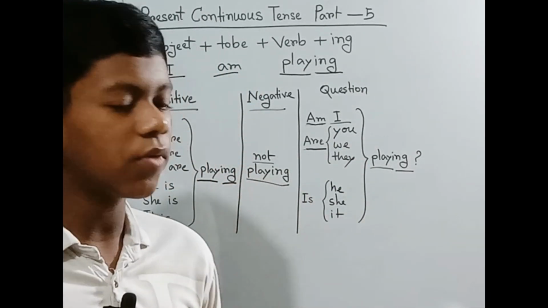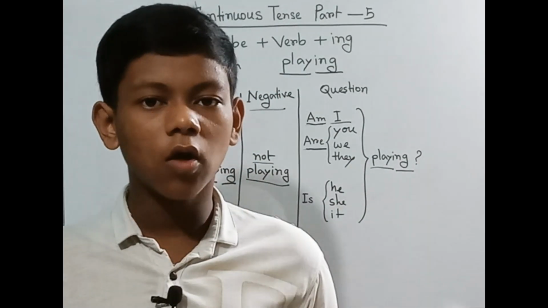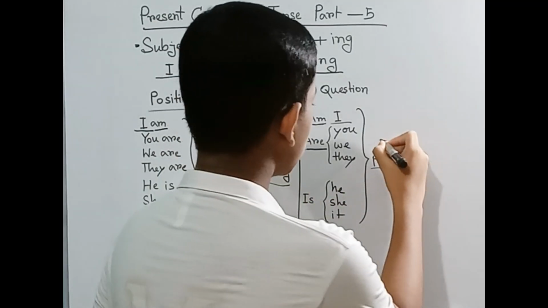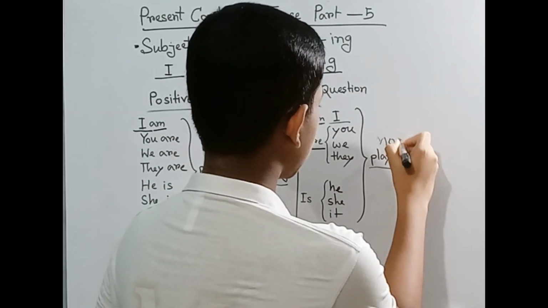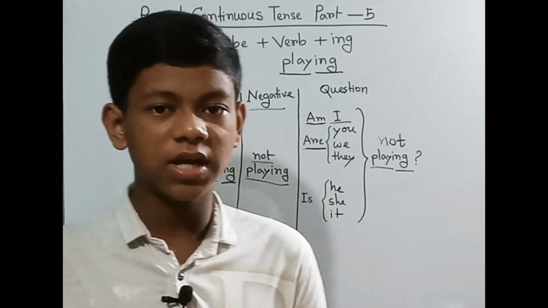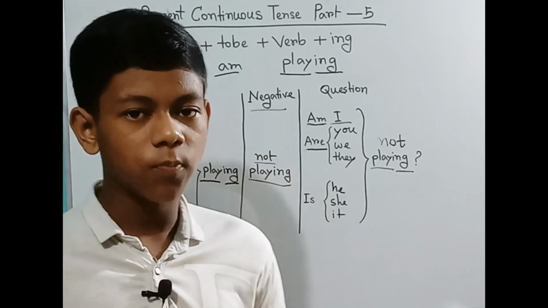And now we will learn that in the question we can also add the negative. We can use the not here if we want to transform it into the negative form of question. We have already practiced the positive.